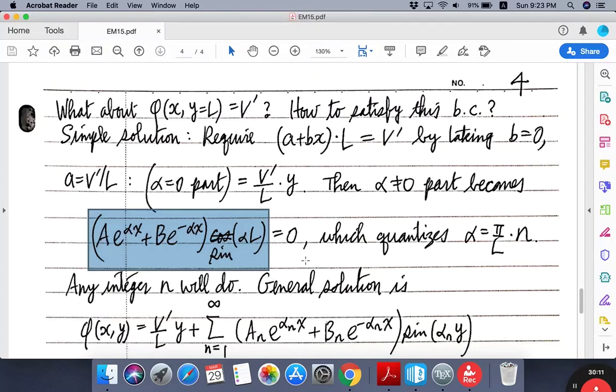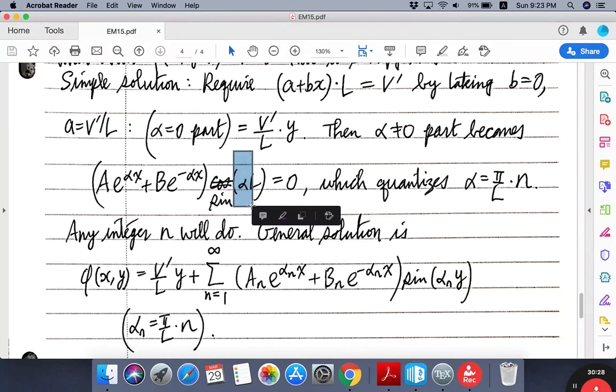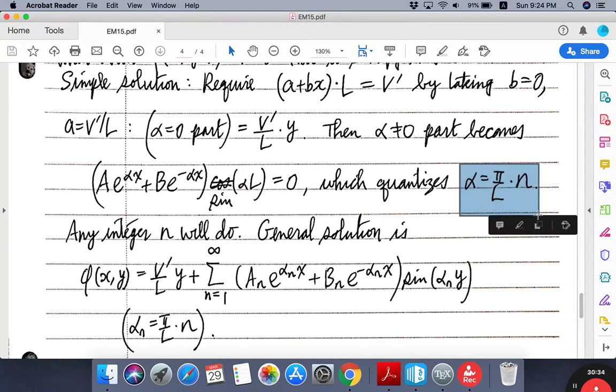Now, once again, this is 0 regardless of what x we choose. And of course, that will only happen if this sine function is identically 0, which will only happen if alpha, which we assumed to be some arbitrary constant up to now, takes on this specialized set of values.